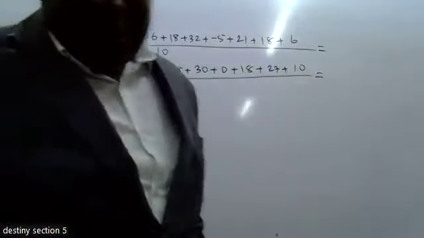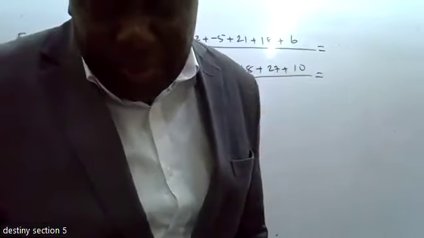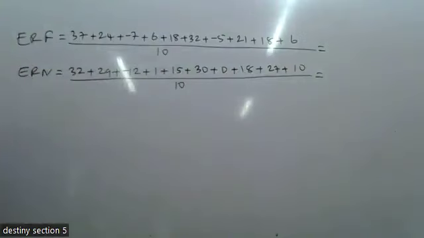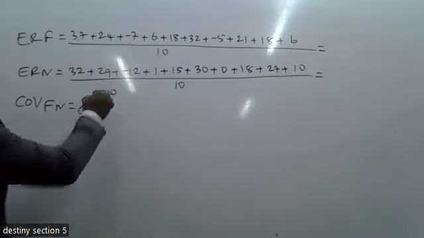So after calculating the expected return, we need now to get the covariance, because the question wanted the correlation coefficient. To get the covariance of company F and N, we get the summation first.